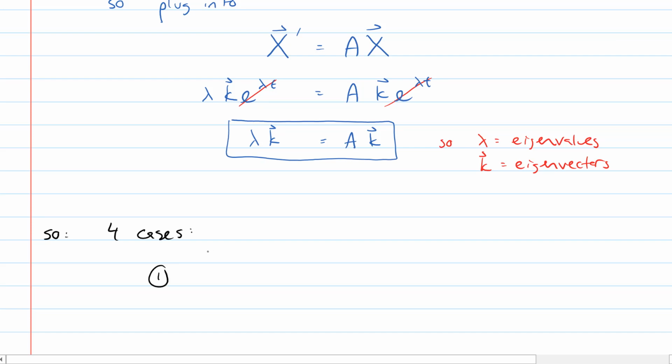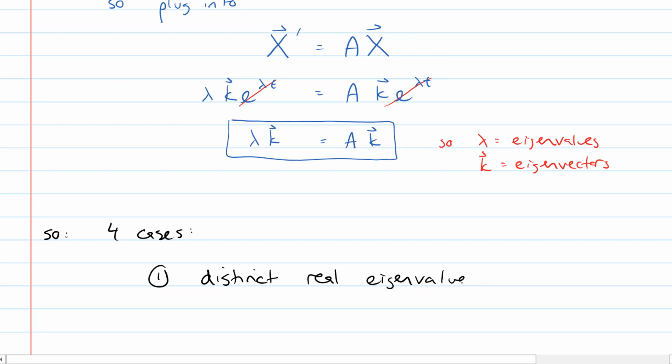One, that when you find the eigenvalues and eigenvectors, you get distinct, real eigenvalues. So if it's a 2 by 2 matrix, you get two different eigenvalues.